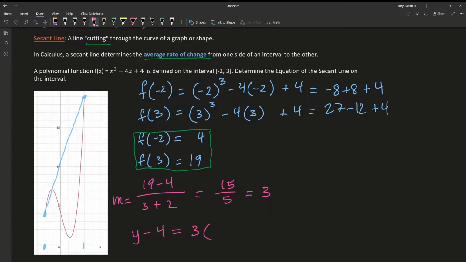I'm going to use point slope here to determine the equation of my line. So we got y equals 3x plus 6 plus 4. So my final answer is y equals 3x plus 10.